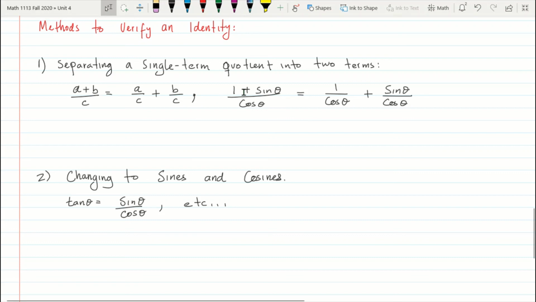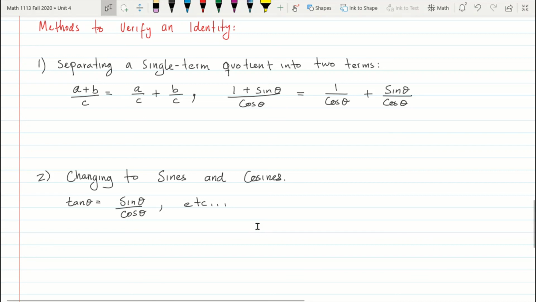Well, for example, we have 1 plus sine divided by cosine. What we can do is separate it over that plus, and we have the following. We have 1 over cosine plus sine over cosine. And this is just the example we're trying to show, right? We can split this fraction and perhaps have more leverage to simplify things.